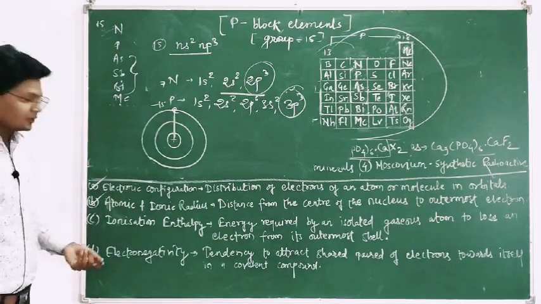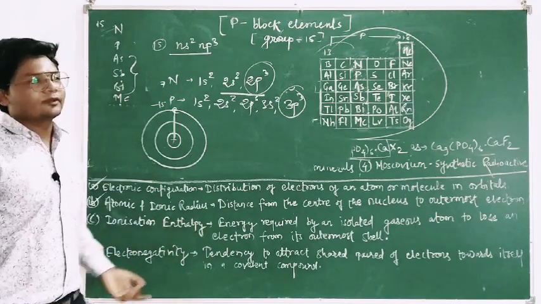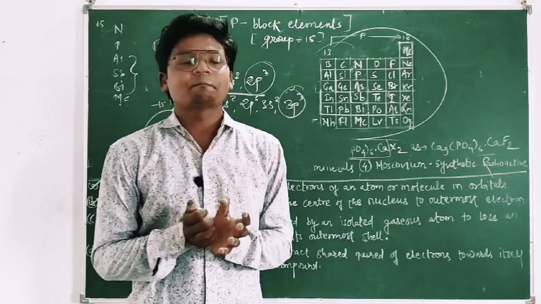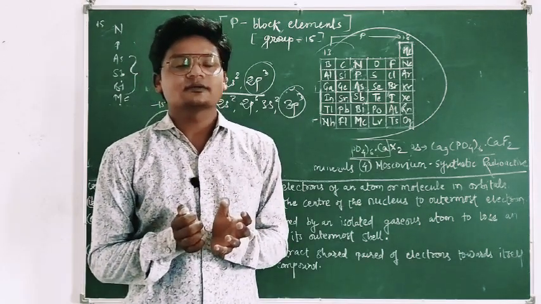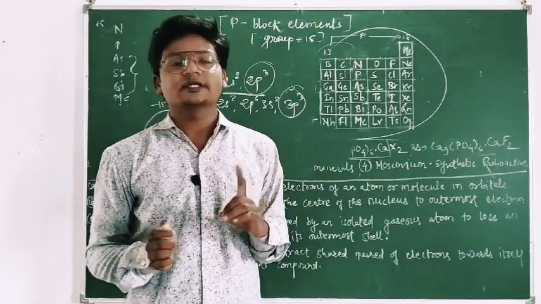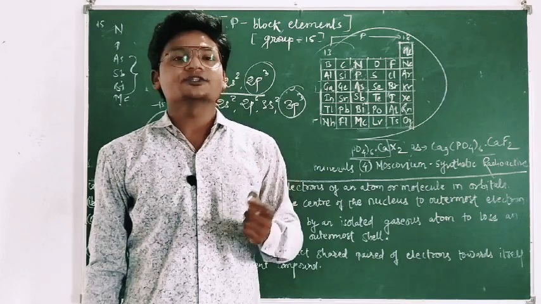The third one, let us talk about the third one, ionization enthalpy. What ionization enthalpy or ionization energy is? Just recall what we had studied in class 11, what ionization energy or ionization enthalpy is.